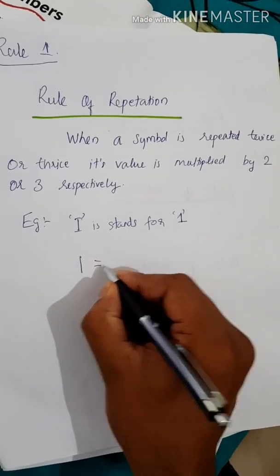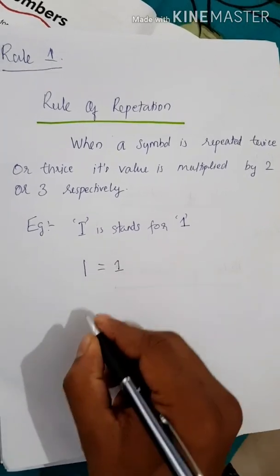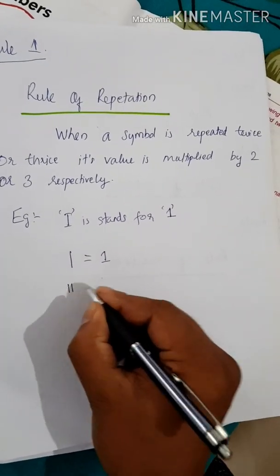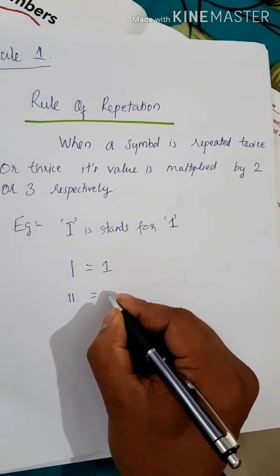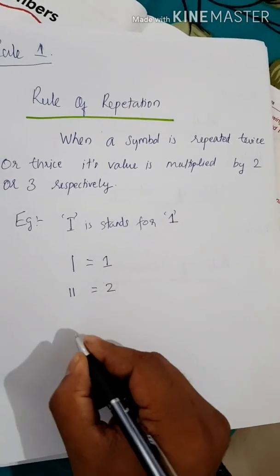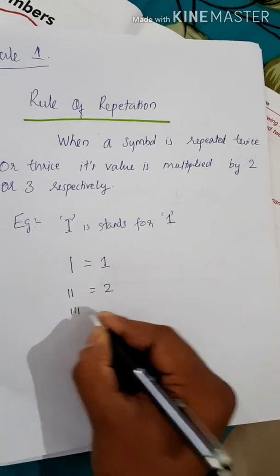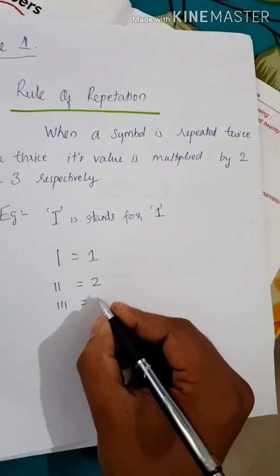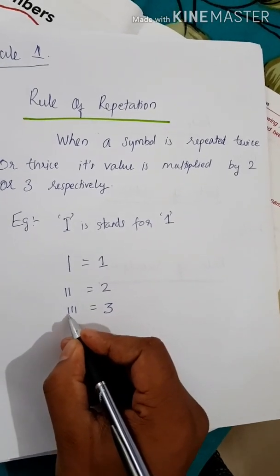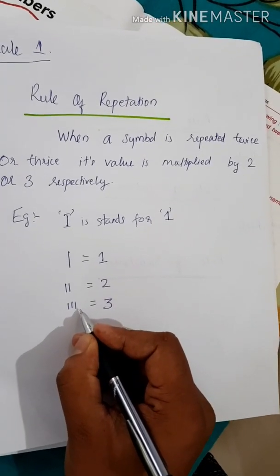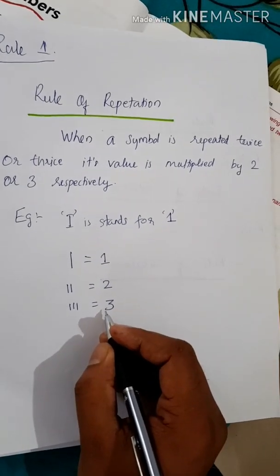I is equal to 1, II is equal to 1 plus 1, means 2, and III is equal to 1 plus 1 plus 1, which is equal to 3, or 3 into 1.